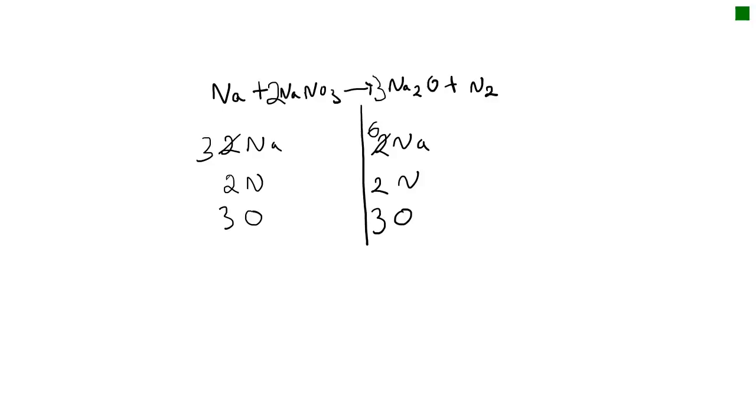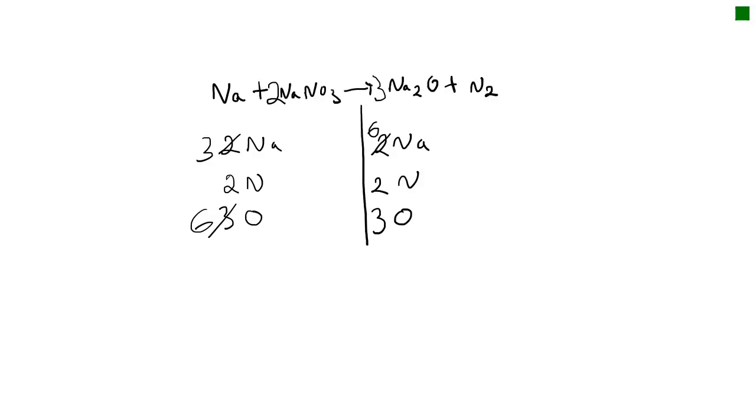And I noticed something else actually: our oxygens are unbalanced. We have 6 oxygens now on this side, and we have 3 oxygens there, so 3 in total.